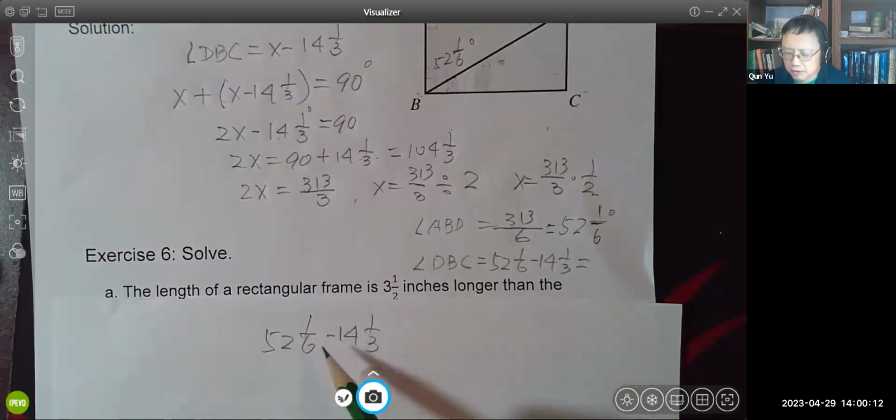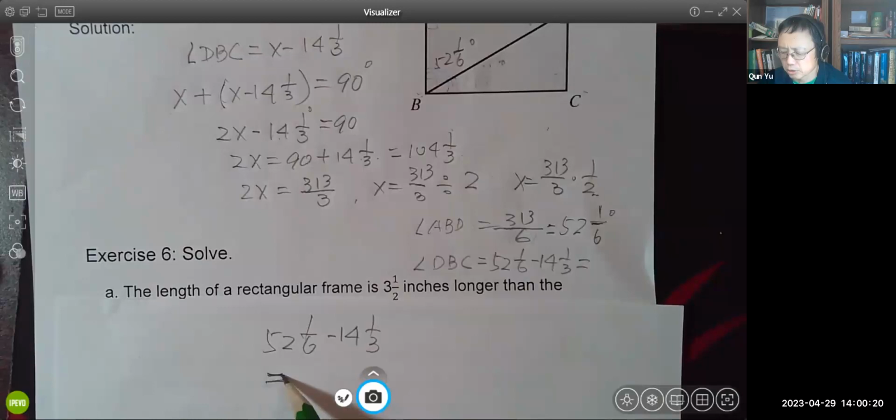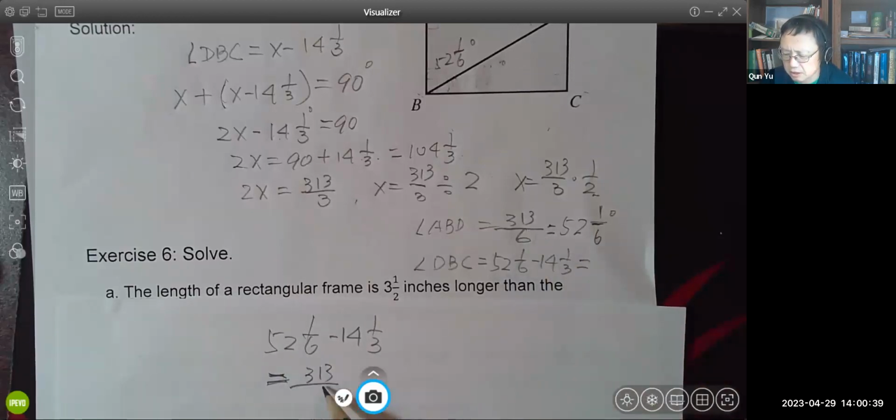Actually there is a better way to do that, but let's just do it in the traditional way. I don't want to give you extra information at this point to distract you from our focus, which is solving this application problem. So let's convert these to improper fractions first. We already have the first number, which is 313 over 6.